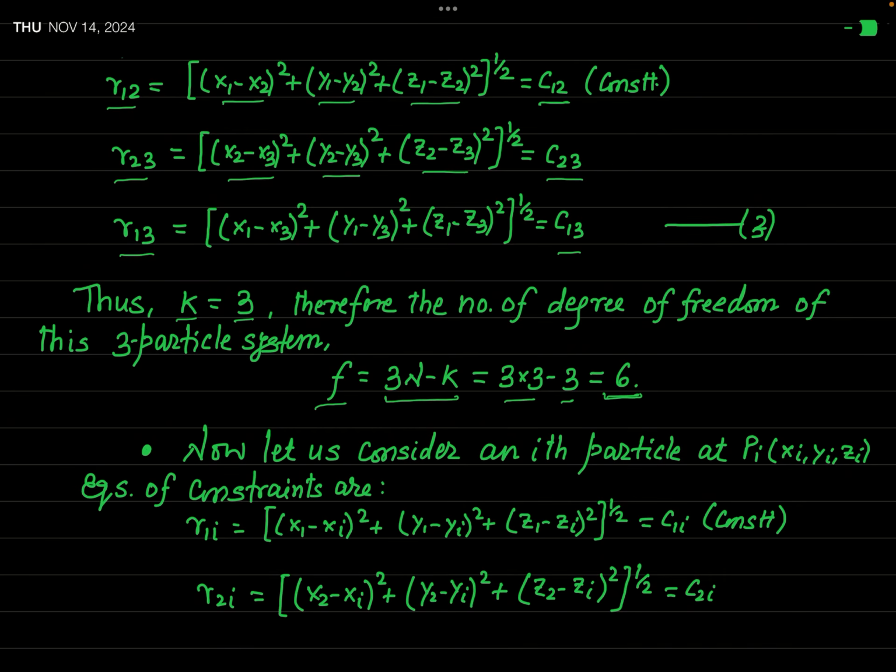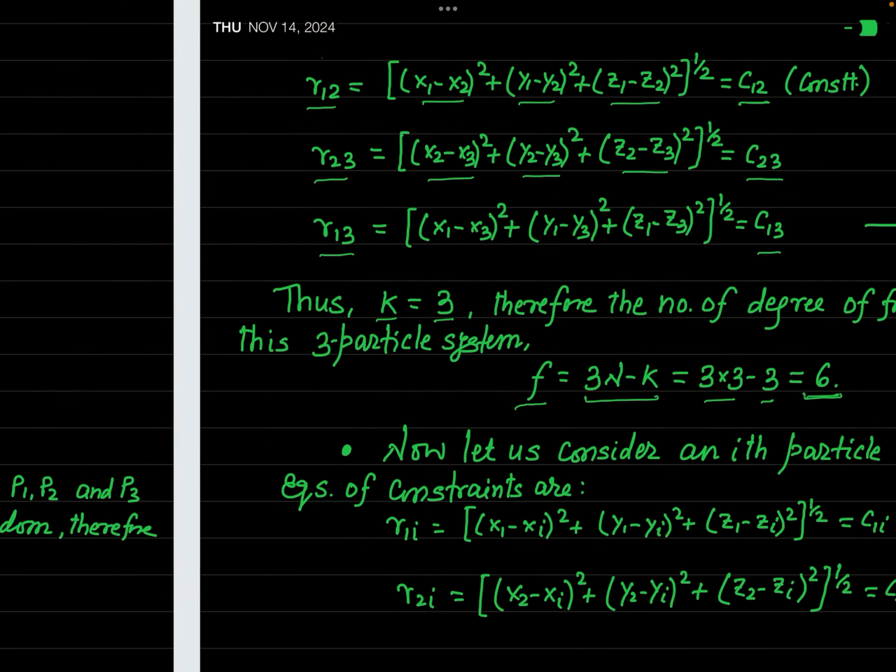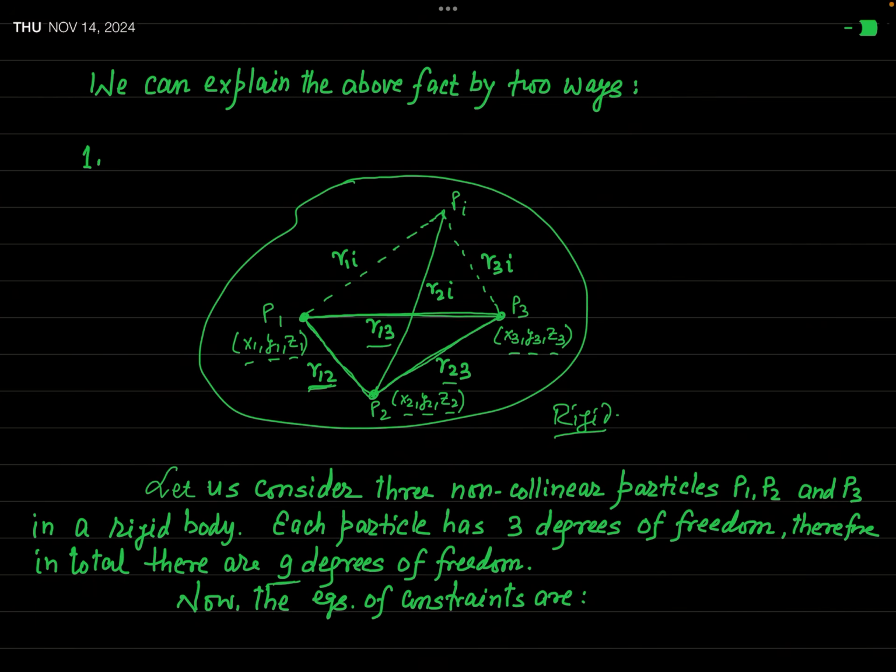So now let us try to find out, if we consider any other particle except these three particles, whether the degrees of freedom increase or decrease. What will happen? For this, I have shown in this figure an arbitrary particle Pi. You can say that this is the fourth particle or fifth particle or any number of particle.